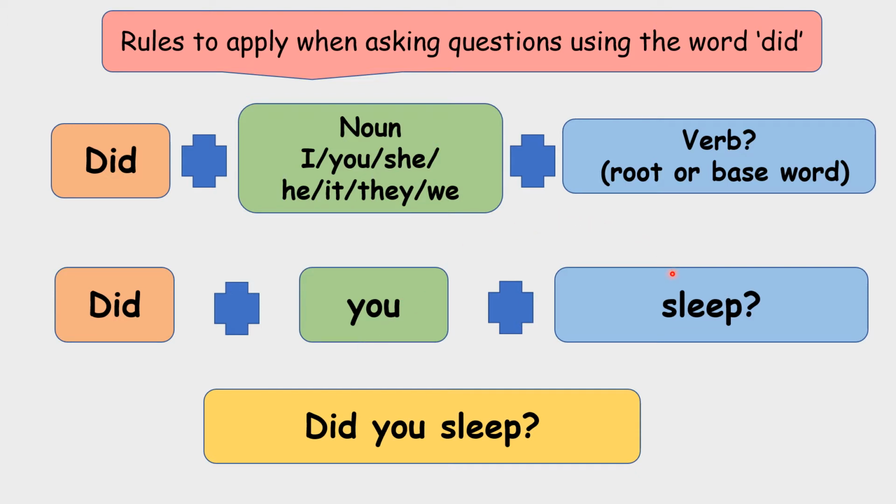Though this is a question about the past, we do not have to change the verb sleep to the past tense because the word did is already in its past tense form. Now to end the question, we must put a question mark to indicate that this is a question. So we will get, did you sleep? Did you sleep?